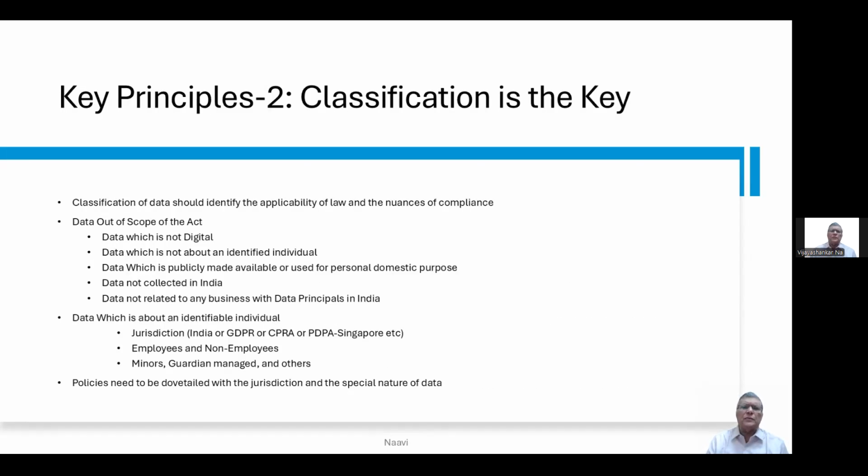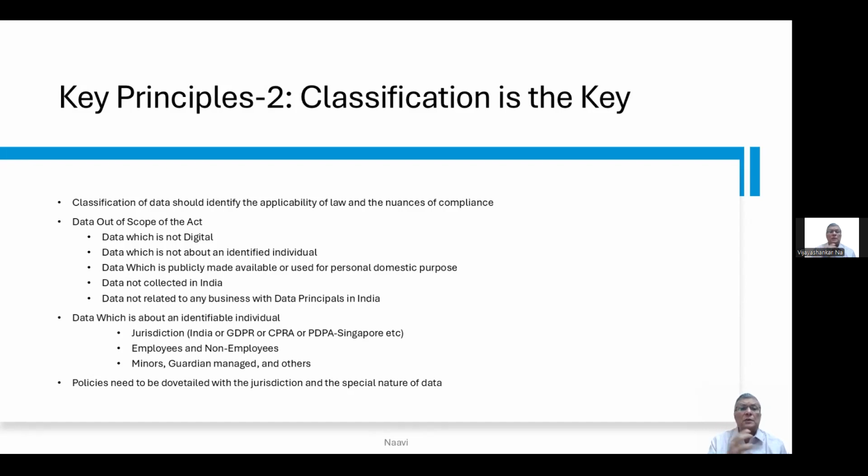Now, the second principle, which is very important, is classification. When you do classification of data, normally we used to classify data from the security perspective, like confidential, secret, or public, or something of that nature.